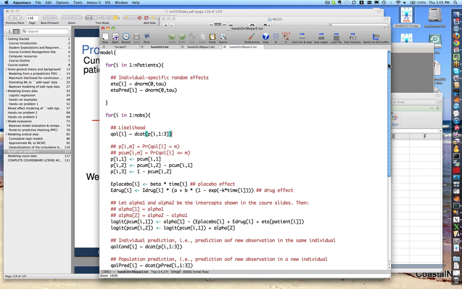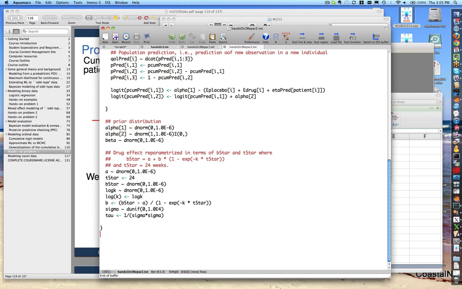Again, the change is all embedded down here in this section right here. So what I've done here is just slightly different.